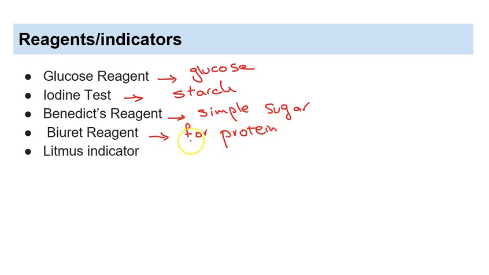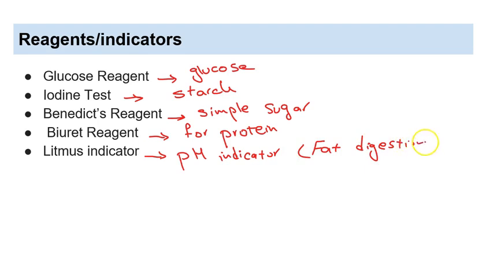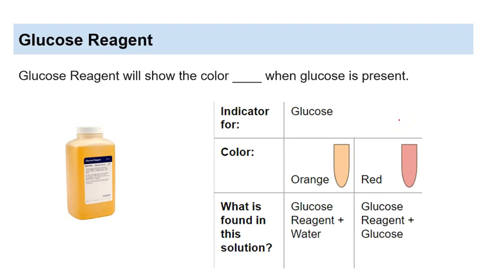And then litmus indicator is going to be used for pH. So it's a pH indicator. If you remember, we used the litmus indicator in our fat digestion lab. Okay, so now let's go over each of these to know more.